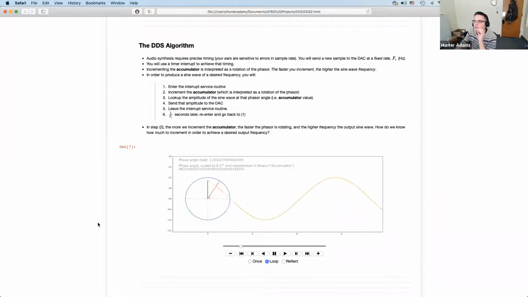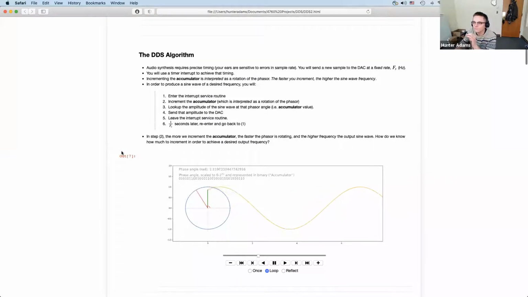So you all know at this point that audio synthesis requires really precise timing. In your lab 1, for example, we're using an audio synthesis rate of 44 kilohertz. What that means is at precisely 44 kilohertz, we send a new voltage to the DAC, which produces a sound.